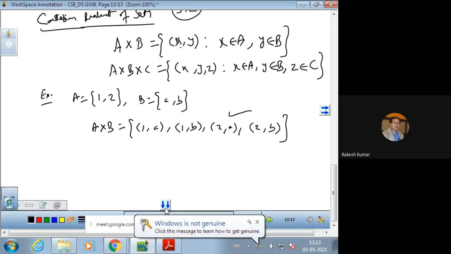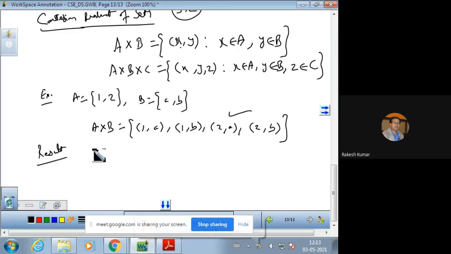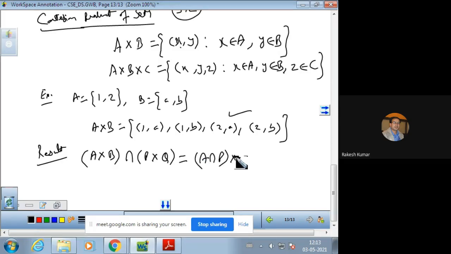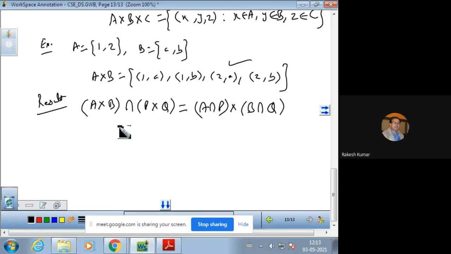Now, related to the Cartesian products, we have a result here. You must know how to verify the result. That is (A cross B) intersection (P cross Q) should be equal to (A intersection P) cross (B intersection Q). Cross means the Cartesian product, and you know that in a cross product we have the set of ordered pairs. So for proving this, let us take an element in this set.